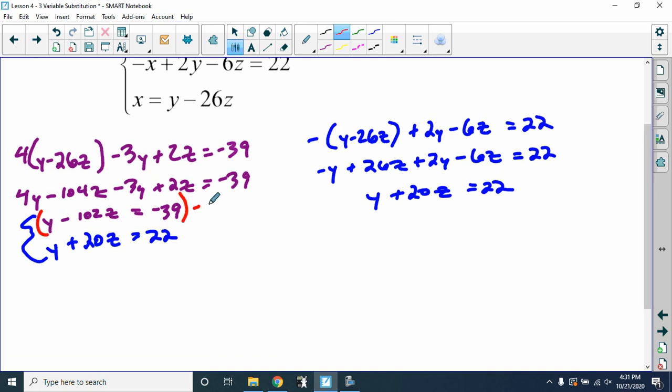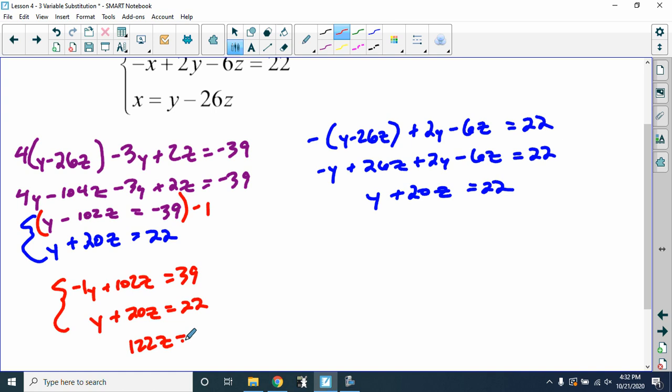I'm going to multiply the top equation by negative 1. Bottom equation stays the same. Add the equations together. These cancel. I get 122z equals 61, divide by 122, and we get z equals 1/2.